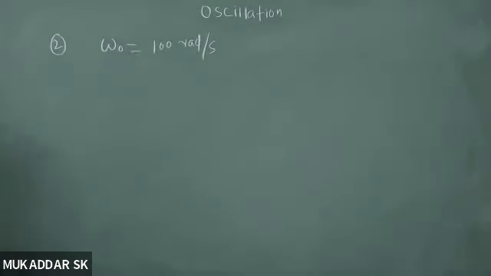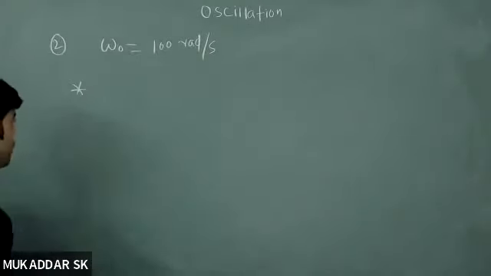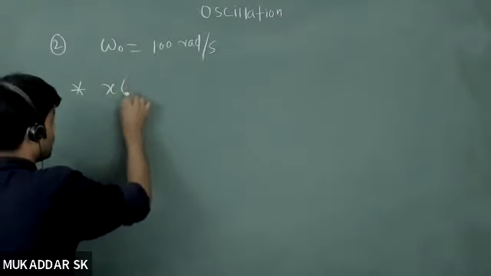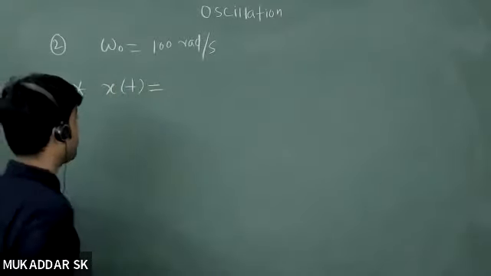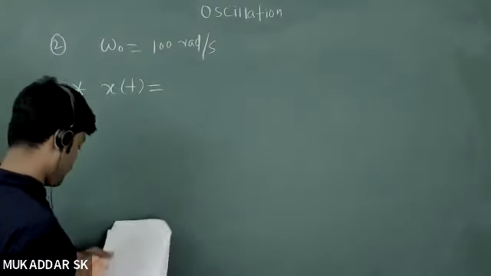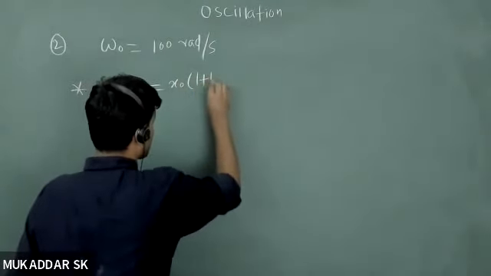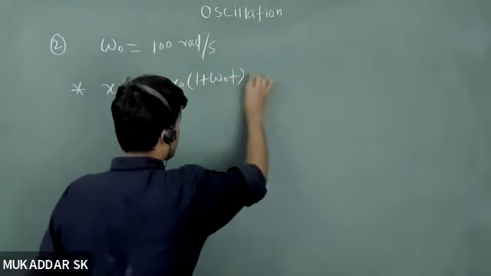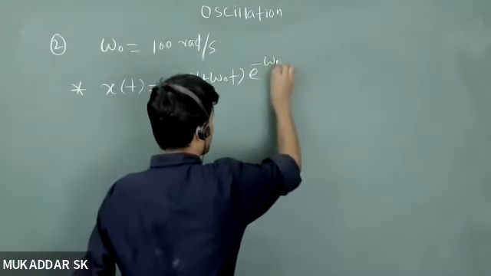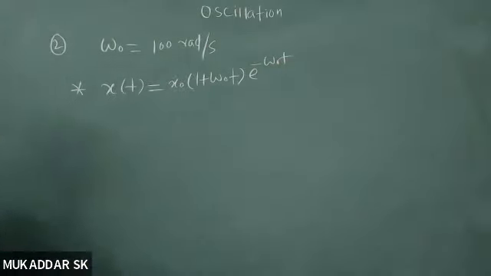The solution of the damping equation, the displacement as a function of time, is x of t equals x naught plus omega naught t into exponential minus omega naught t.